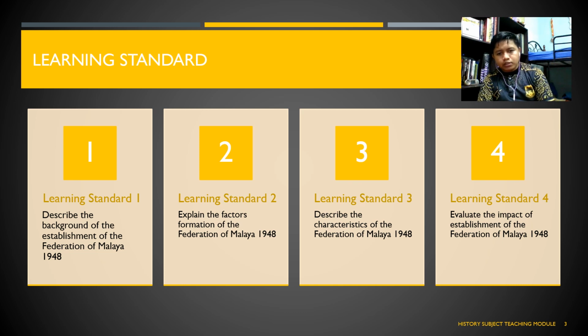Also, learning standard 3 is to describe the characteristic of the Federation of Malaya 1948. And last one, learning standard that I want to achieve for this lesson is to evaluate the impact of establishment of the Federation of Malaya 1948.